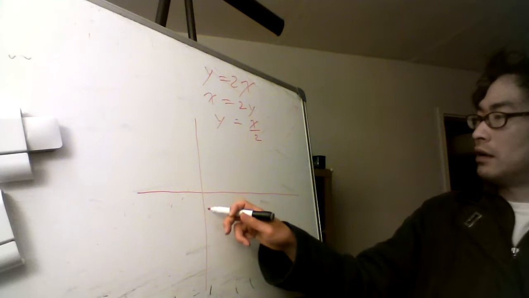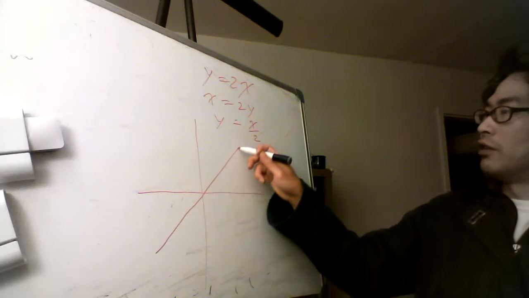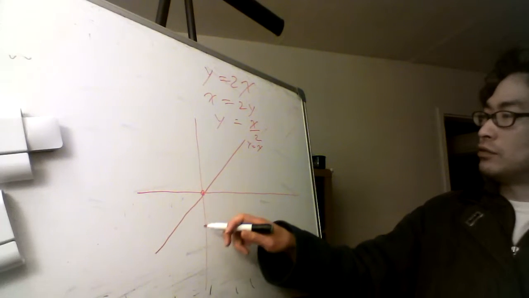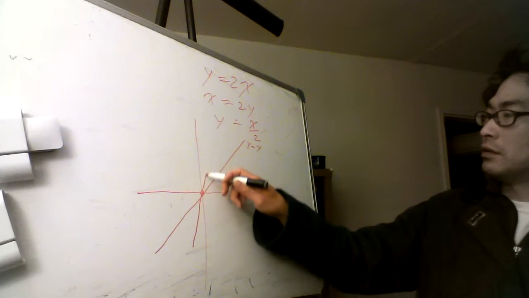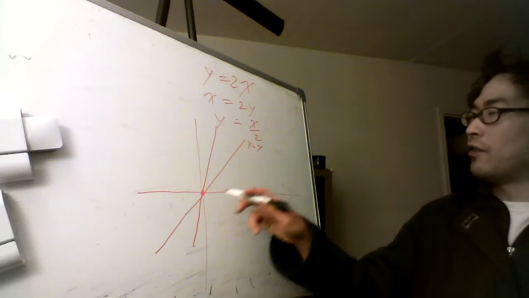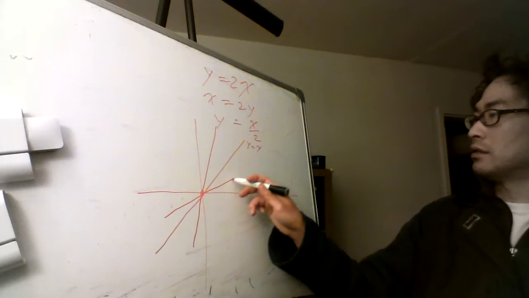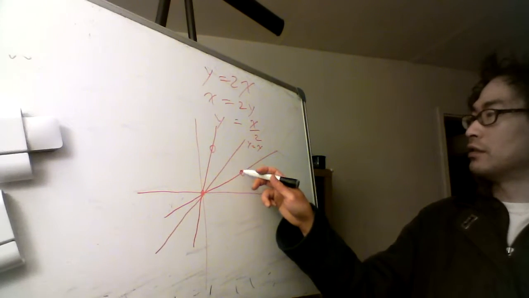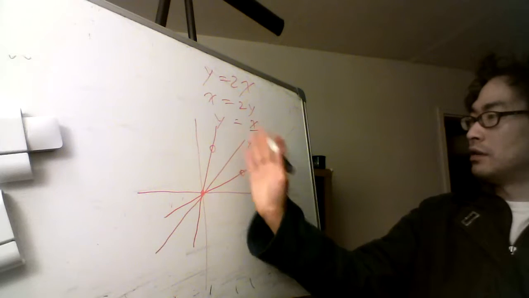Yeah, you have this diagonal mirror, y is equal to x, right? Y is equal to 2x looks like this, steeper. Y is equal to half of x is like this. So yeah, that's mirror reflection, mirror image.